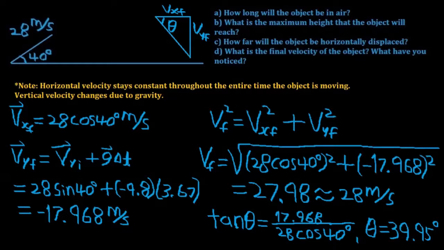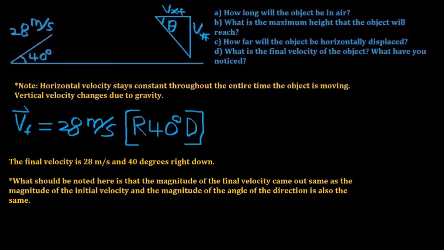So in the end, the magnitude of the final velocity is the same as the magnitude of the initial velocity, and the angle of the direction is also the same.